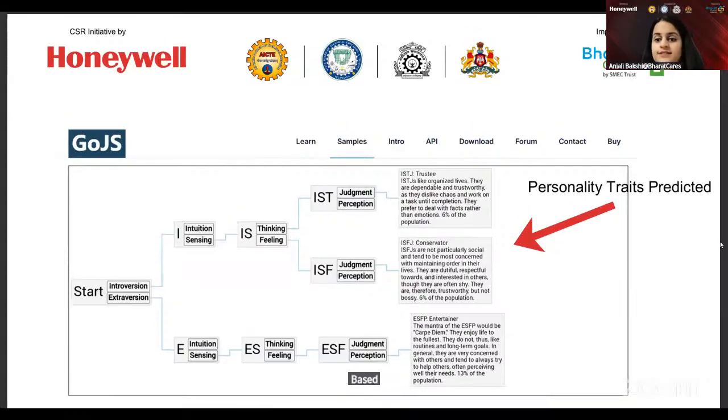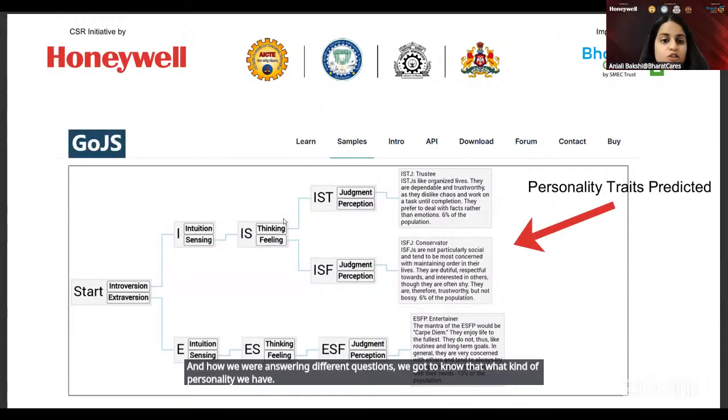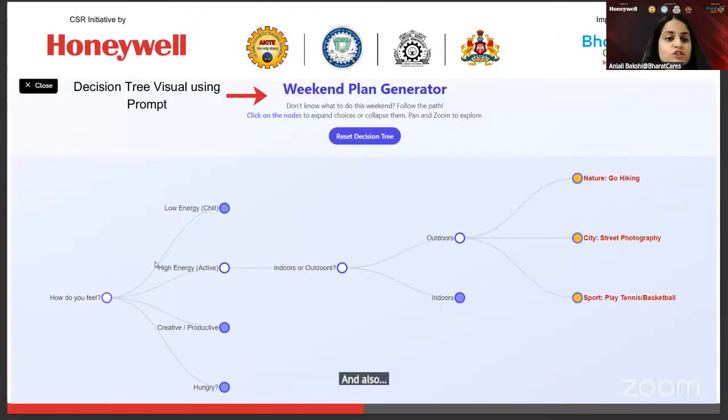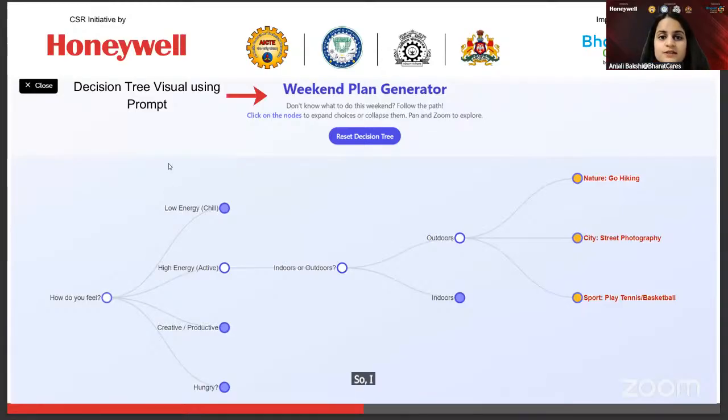Based on how we answered different questions, we got to know what kind of personality we have. We also tried to build a decision tree with a prompt, but the site was not working. So, as promised, I will show this now. Give me a minute.